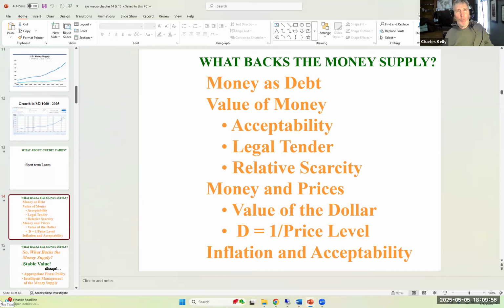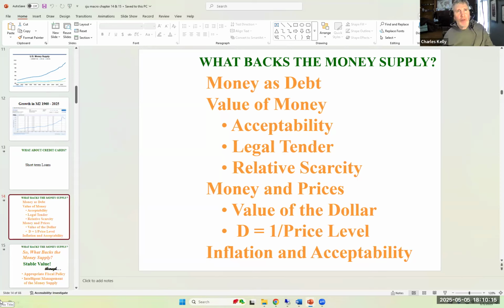So when you talk about like, what gives money value? Well, fiat currency only has value for 3 reasons. The government makes it legal tender, right? There's a willingness for people to accept it in terms of exchange. So the acceptability is huge.